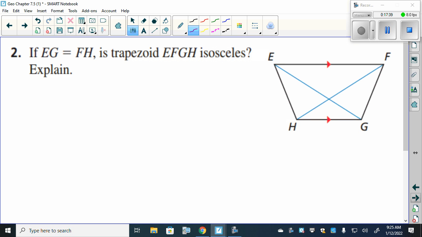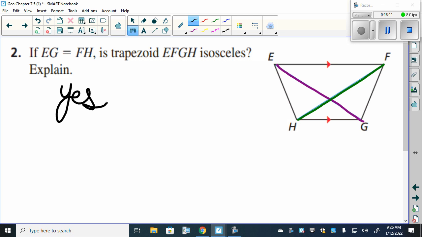If EG is equal to FH, is trapezoid EFGH isosceles? Yes. It would be. Because the diagonals are equal.